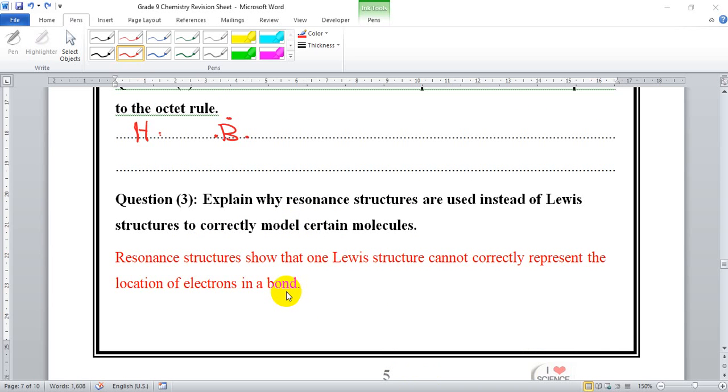They exchange. So each molecule can be represented by more than one Lewis structure. So resonance structures show that one Lewis structure cannot correctly represent the location of electrons in a bond. So we need more than one Lewis structure, the resonance structure.